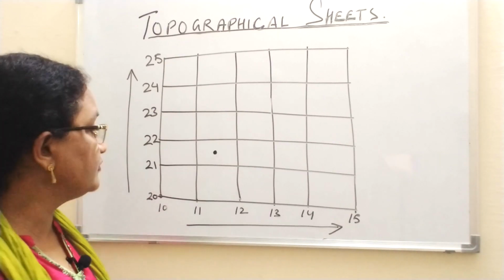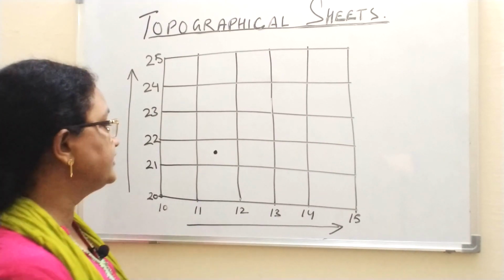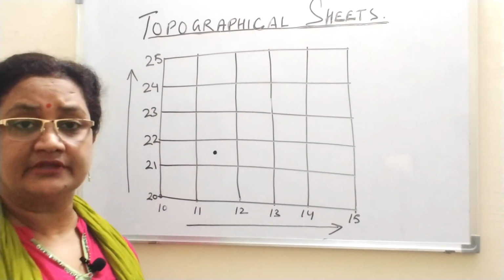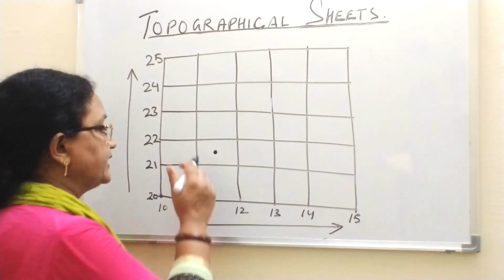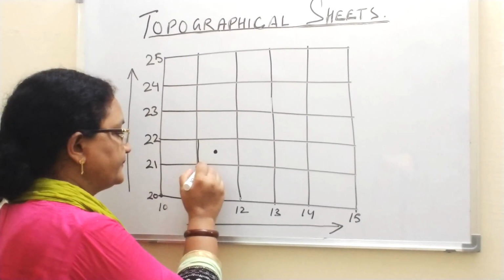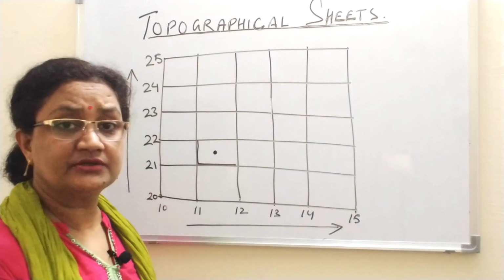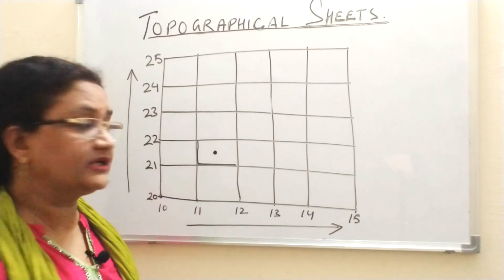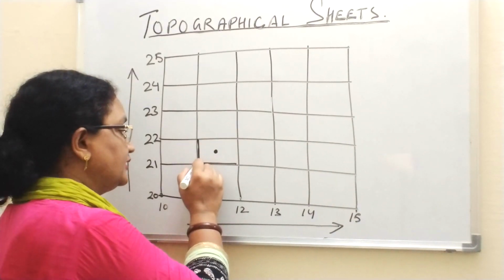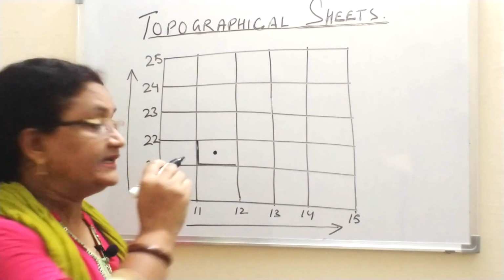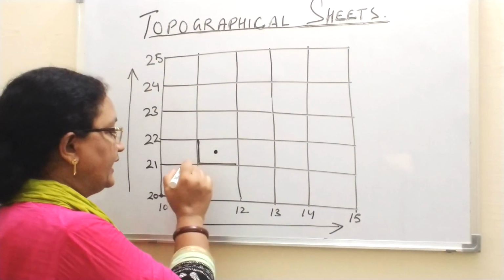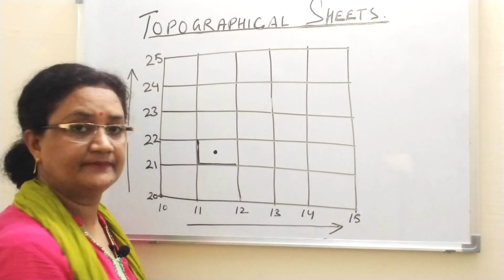Always when you have to locate any place, you should be careful that you are taking L, the alphabet L. And when you cover the alphabet L, you will get one easting, that is this easting we are getting, and one northing as well.